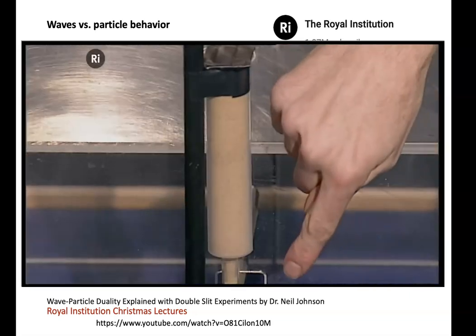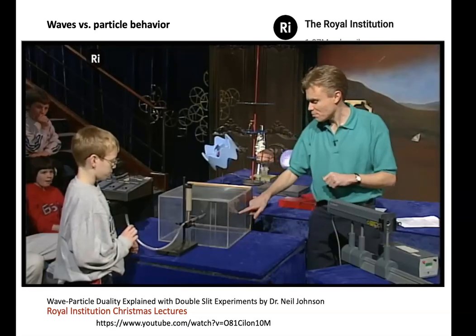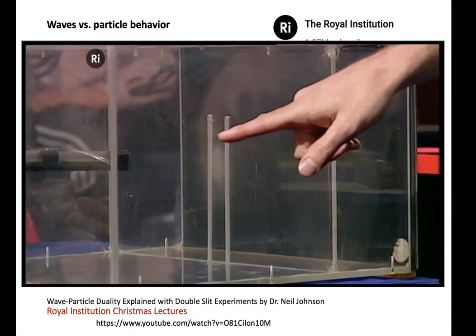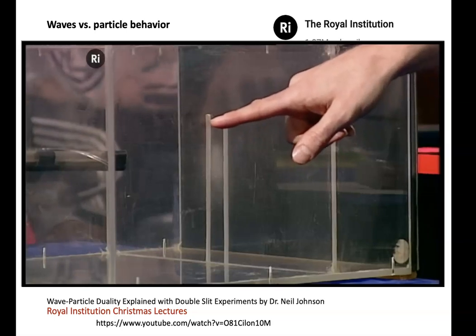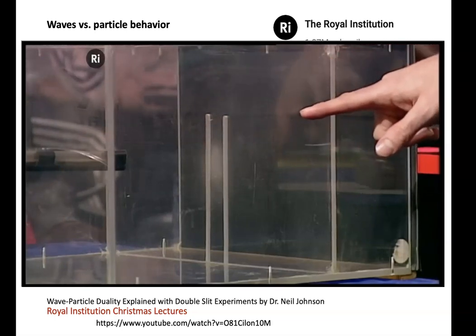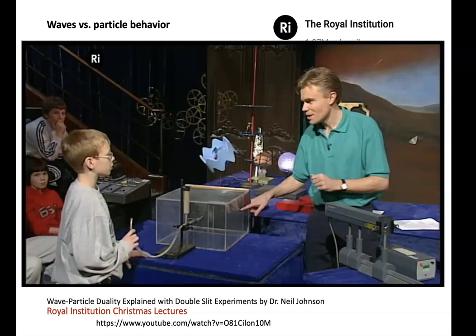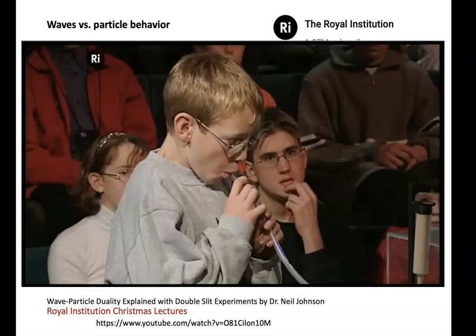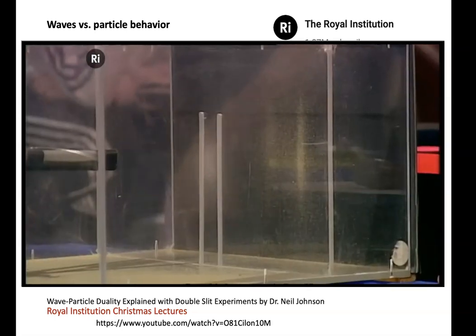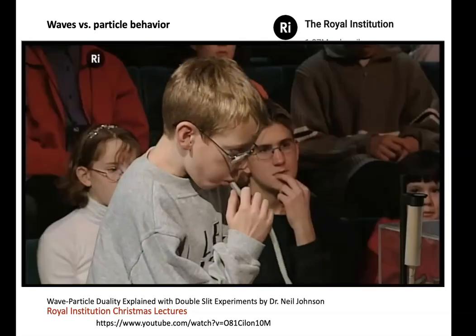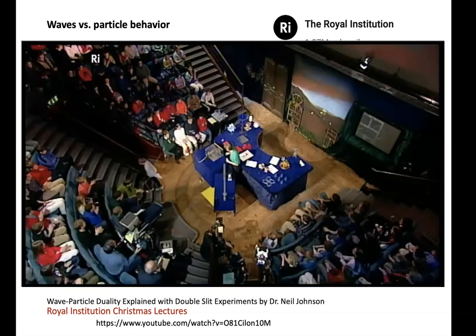And as Jay blows, he's actually going to blow sand through this box, up against these two slits, and the sand can pass through these two slits, very much like the two slits we had with light. And on the back here, we've got a screen, which is going to collect the particles of sand as they go through the slits. So, huff and a puff, and blow through the tube, Jay. Keep going. Great. You can do it a little bit less. That's it. That's great. Thanks very much. Go back to your seat.